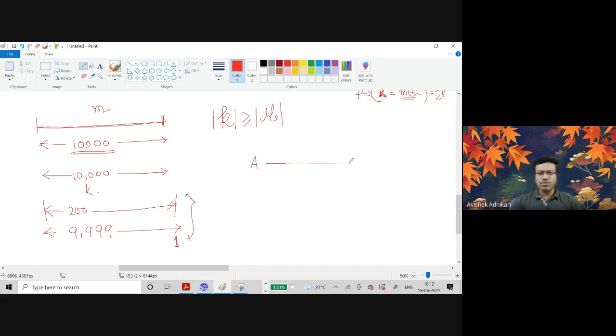Suppose A wants to communicate with B with say 100 MB of data. Now you can understand how big that is. So the key size will be at least 100 MB. Before any kind of conversation, both A and B must share this key.